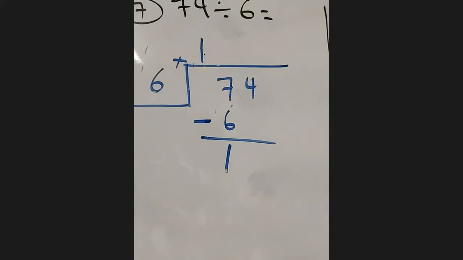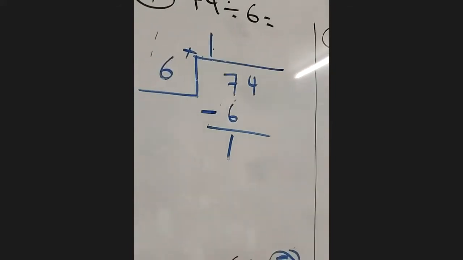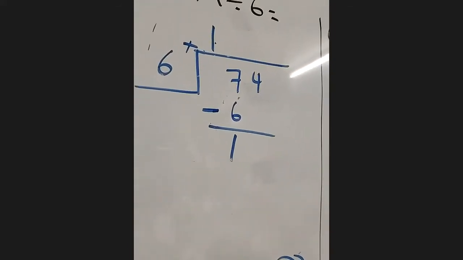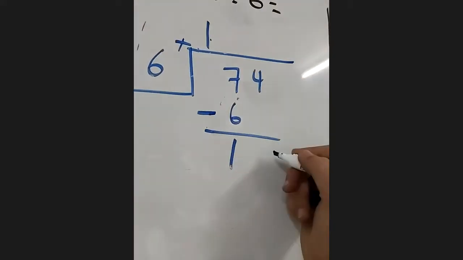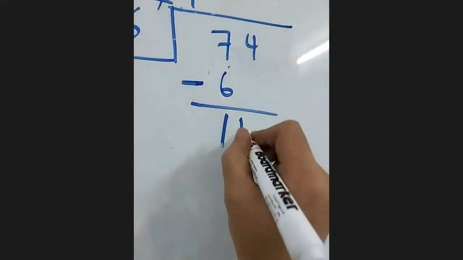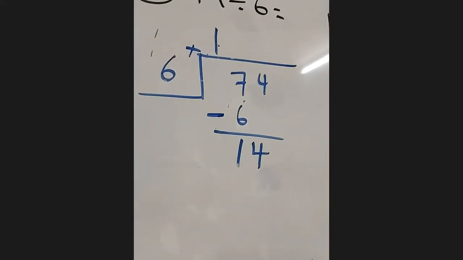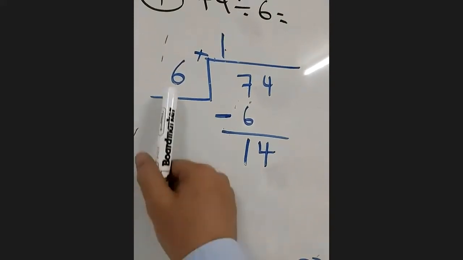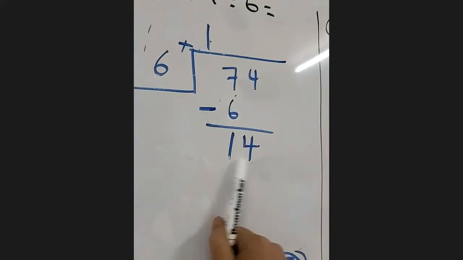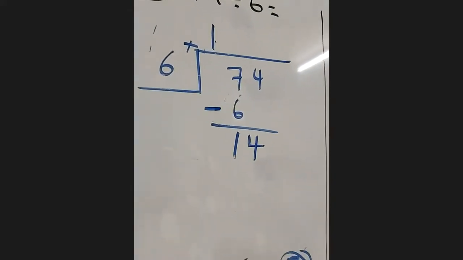After I do this, what do I do? I'm going to put the 4 down. Yes, we bring the 4 down beside the 1. What is the number now? 14. What will we do now? We will search in the timetable of 6 for 14 as an answer.